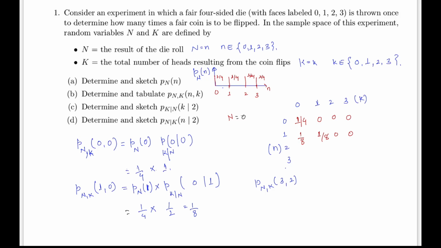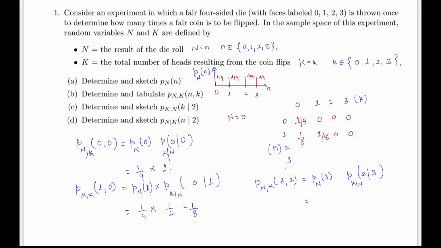So we are first throwing the die. We will be talking about the probability that random variable n takes the value 3, and once this event has happened, what will be the probability that random variable k will take the value 2. So overall we are talking about this conditional PMF or the probability of this particular event.